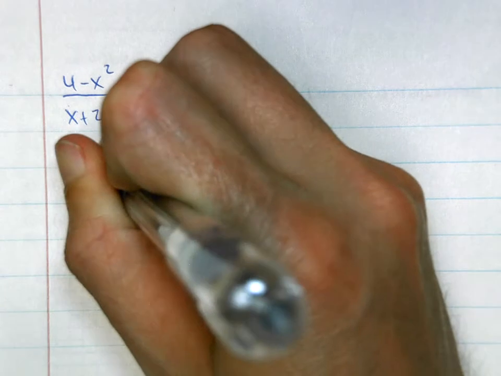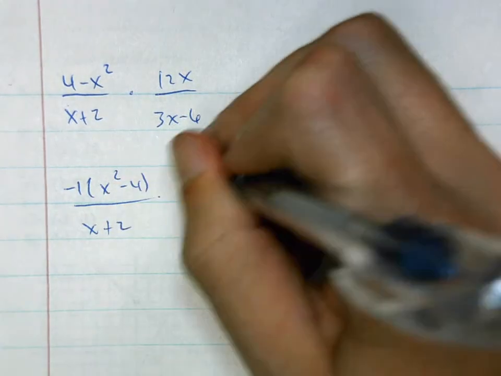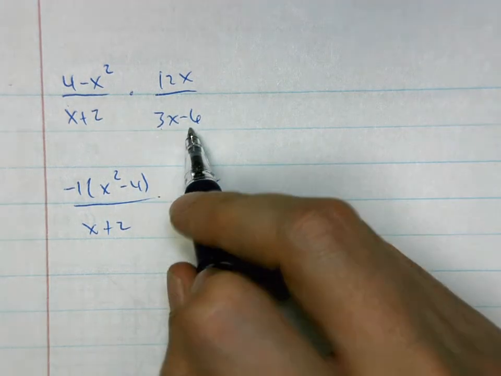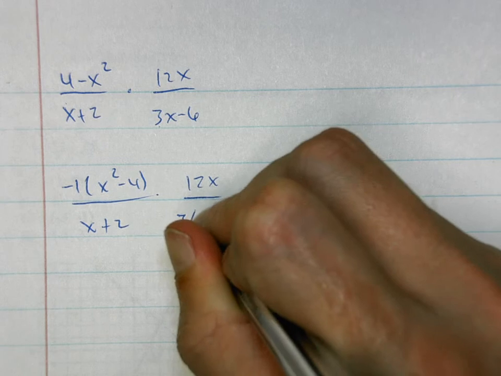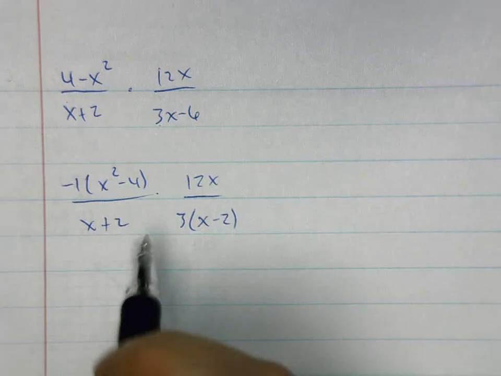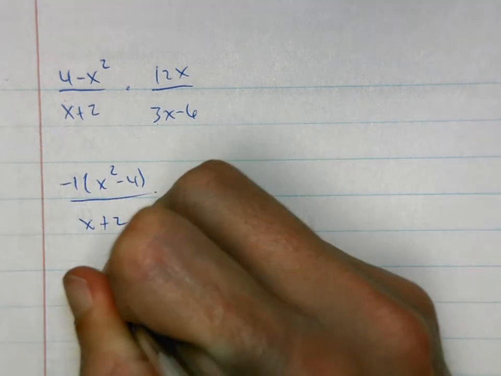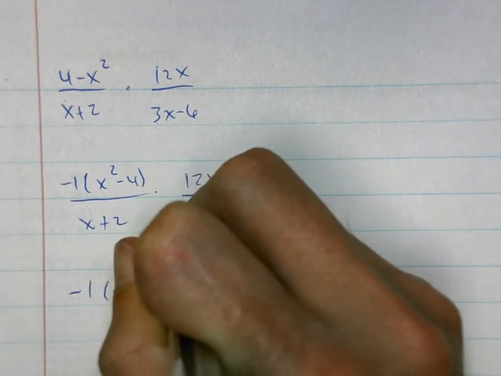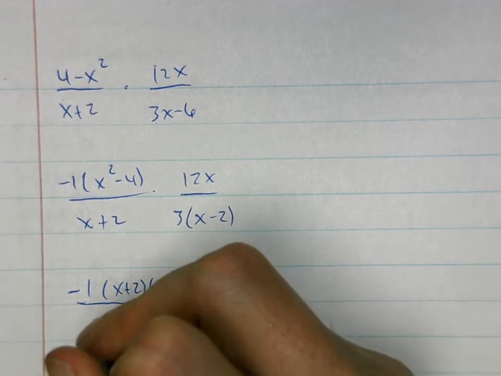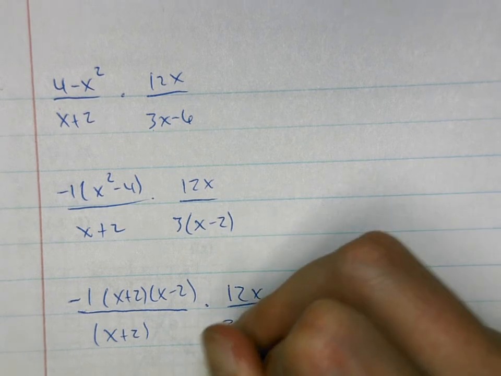So it becomes x squared minus 4 over x plus 2 times 12x. And I'm going to GCF this right now. 3 and 6 is 3. And you're left with x minus 2. And this is difference of two squares. So this is negative 1 times x plus 2, x minus 2 over x plus 2 times 12x over 3x minus 2.